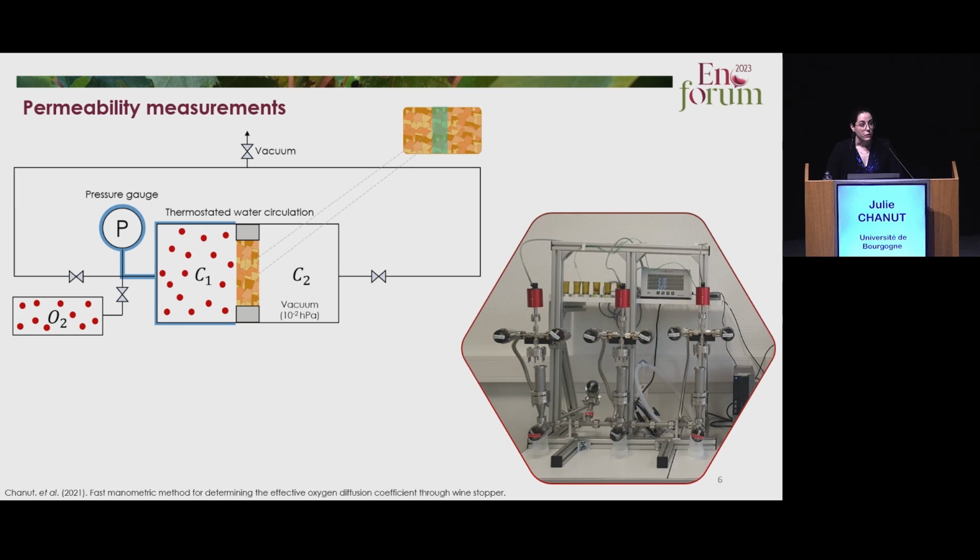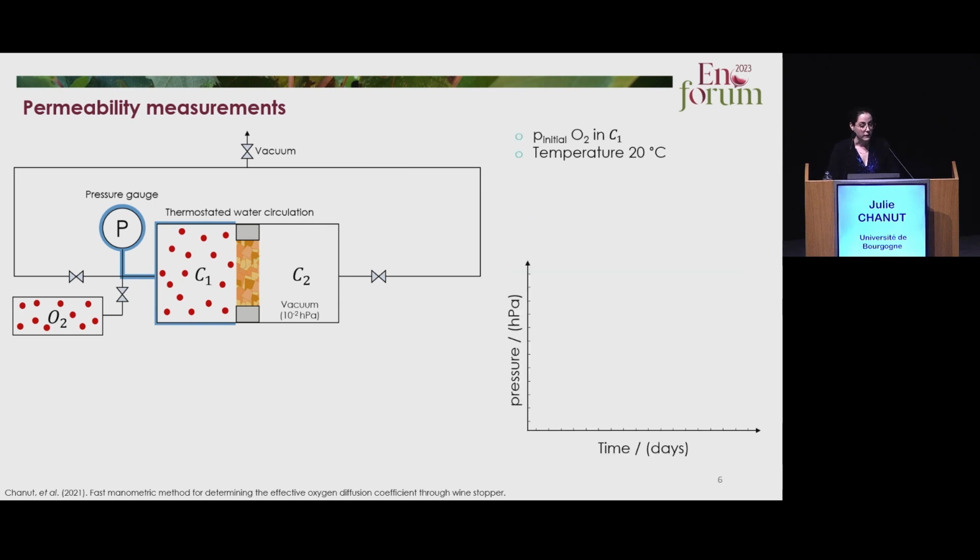So we worked also on slices of cork and not on the entire cork only, to reduce the time of investigation, with a ring, so to say. The experiment can last days or maximum weeks.